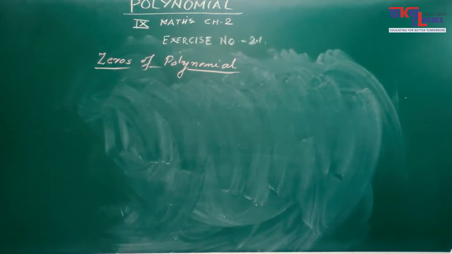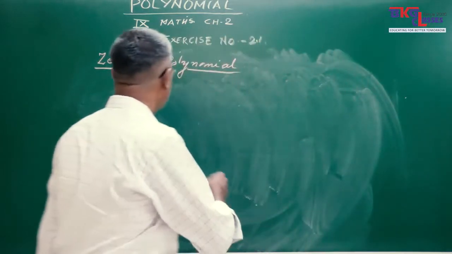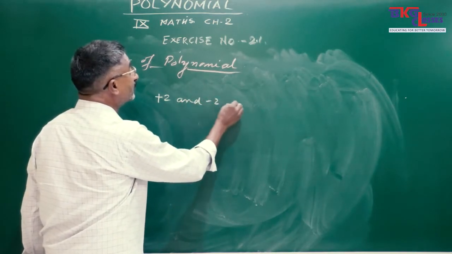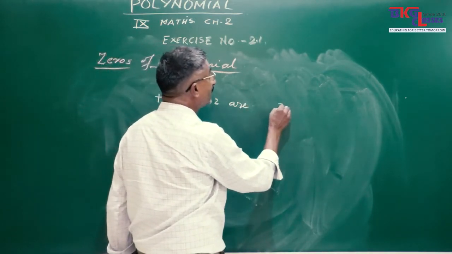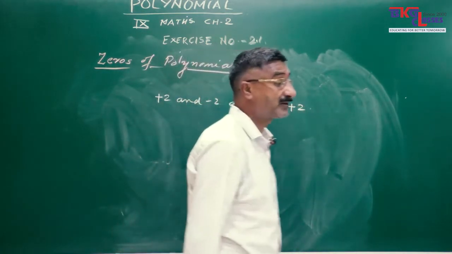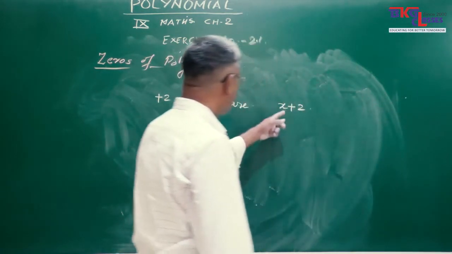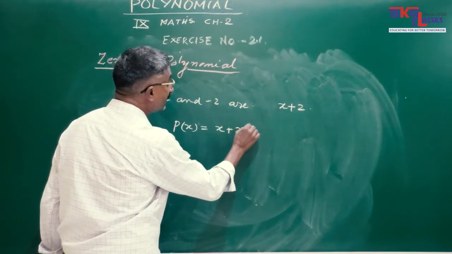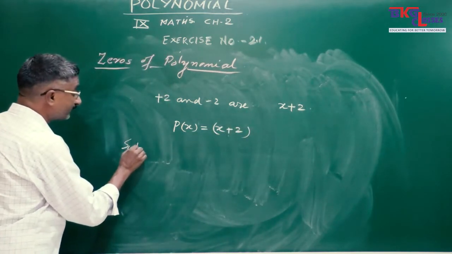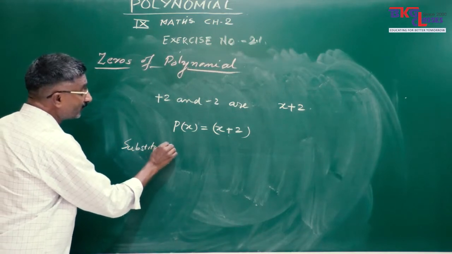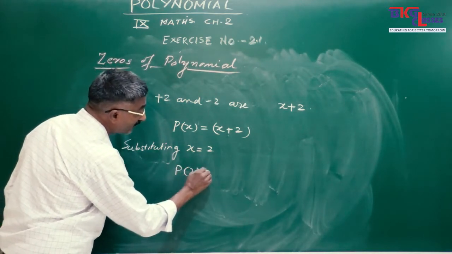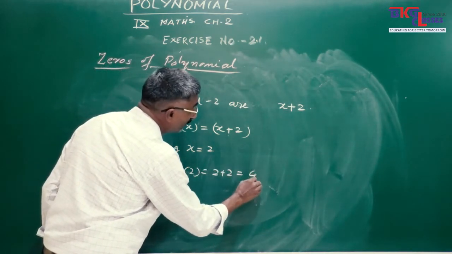Here in example number 3, check whether minus 2 and 2 are the zeros of the polynomial x plus 2. This is the polynomial. So, I will write in the general form P(x) is equal to x plus 2. Substituting x is equal to 2, P(2) is equal to 2 plus 2 is equal to 4.